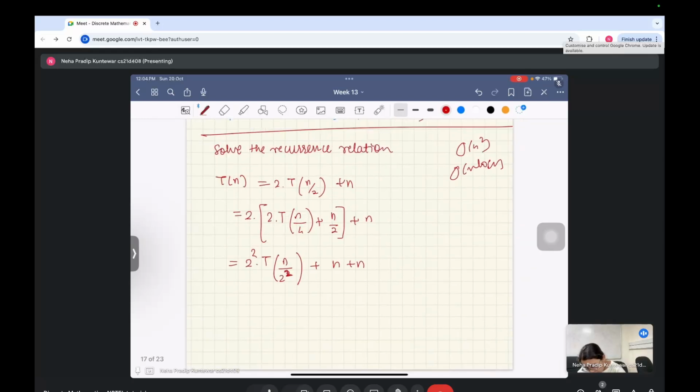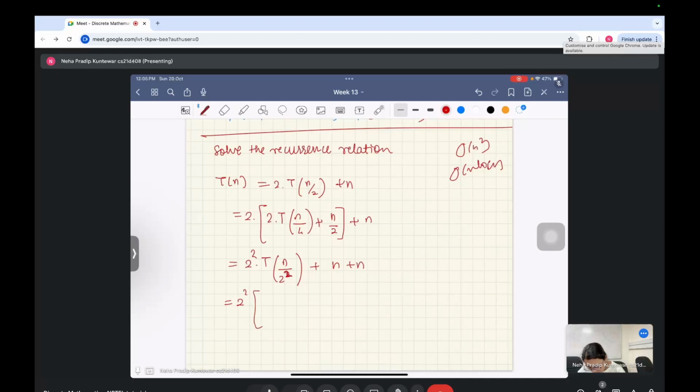And if I expand this again, what you get is 2 times [2 square T(n/2 cube) + n/2 square] plus n plus n, and this is nothing but 2 cube times T(n/2 cube) plus n plus n plus n.